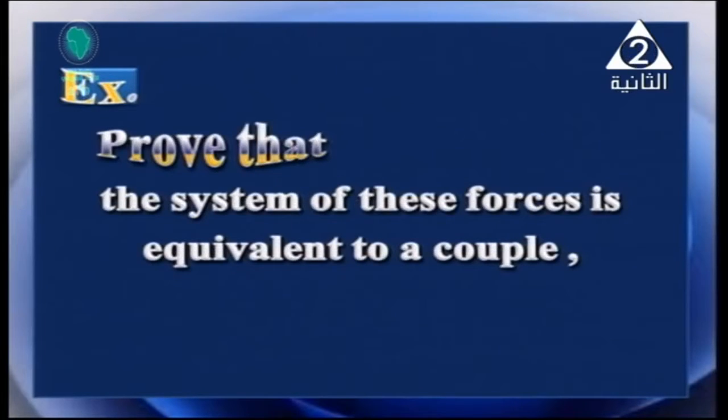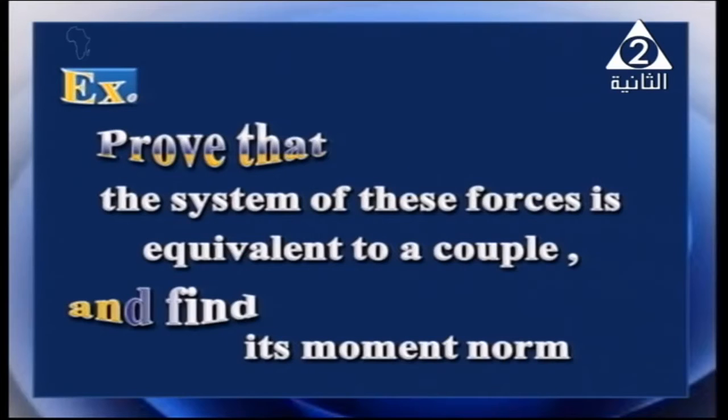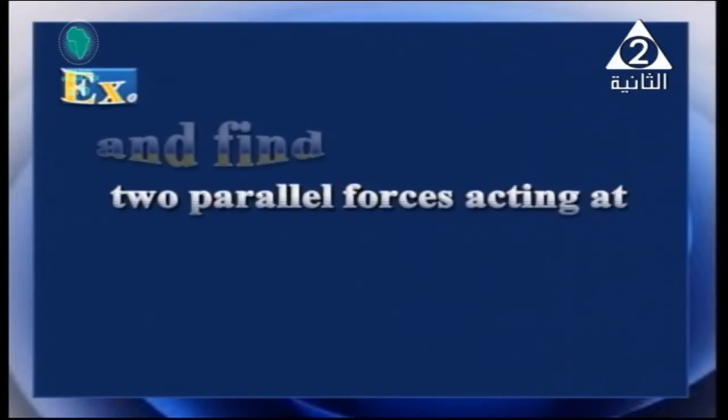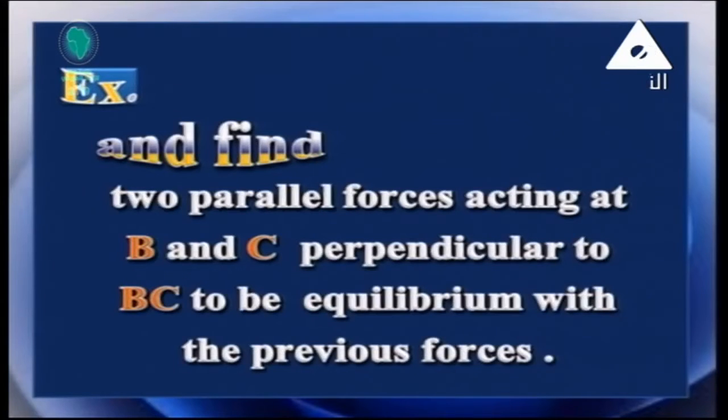Prove that the system of these forces is equivalent to a couple and find its moment norm. Then find two parallel forces acting at point B and point C perpendicular to BC to be in equilibrium with the previous forces. Solution.